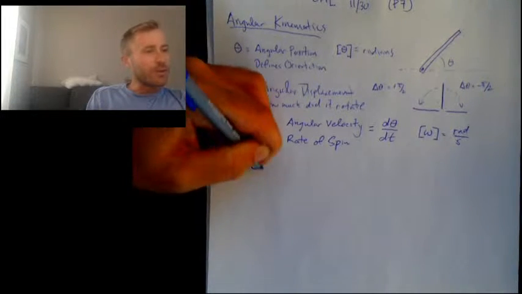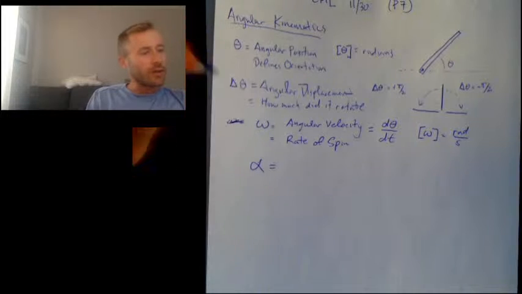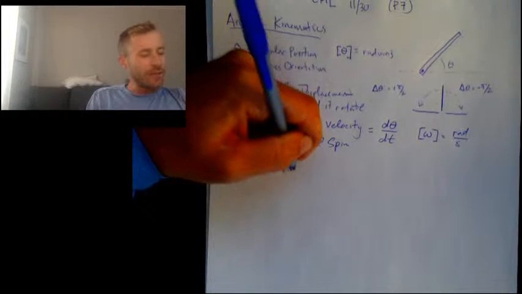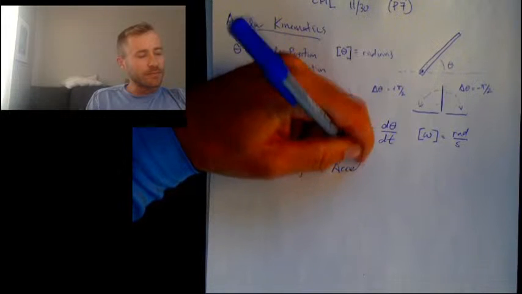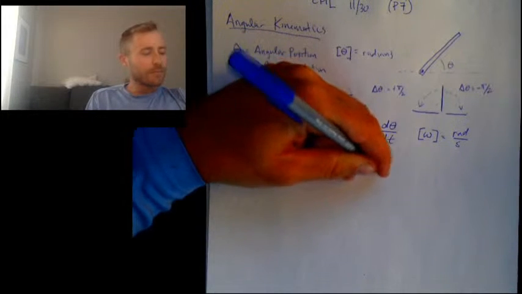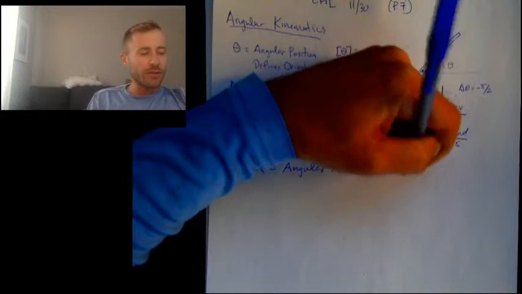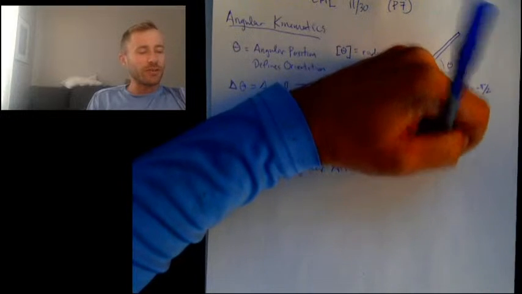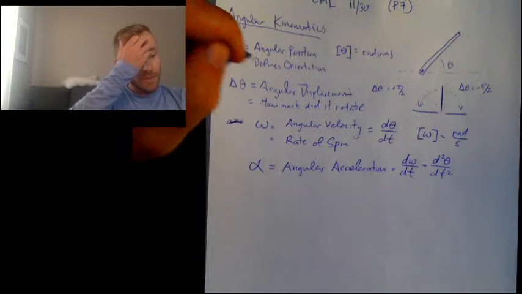Then there's the Greek letter alpha, which is known as the angular acceleration, which is defined as the derivative of the angular velocity with respect to time. Or you could think about it as the second derivative of the angular position with respect to time.